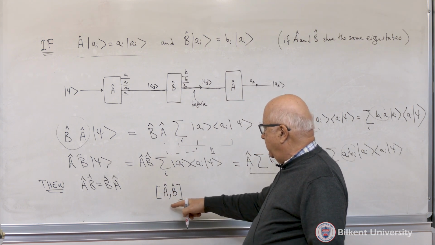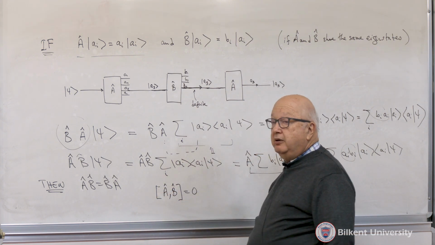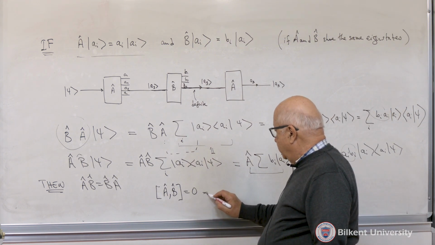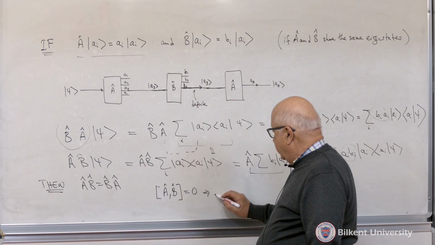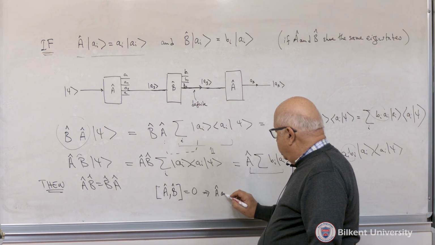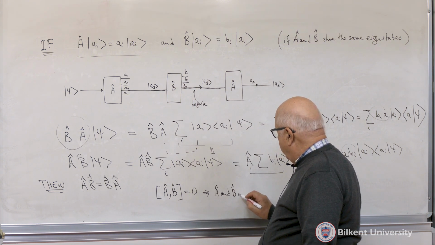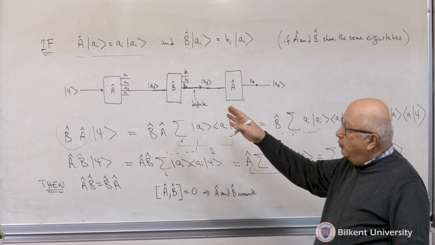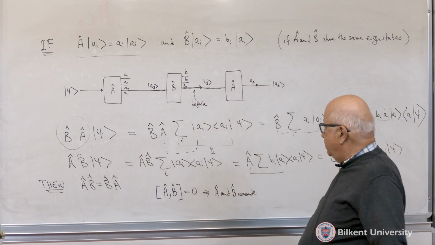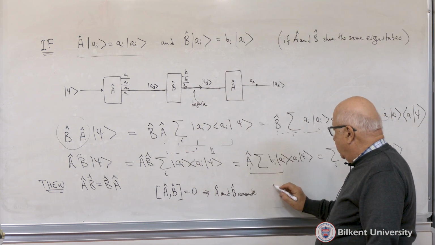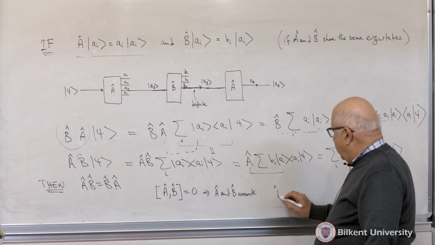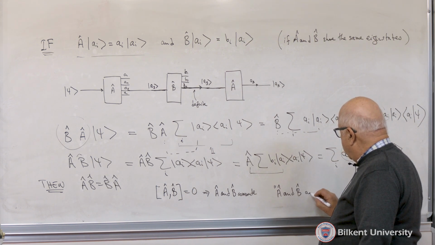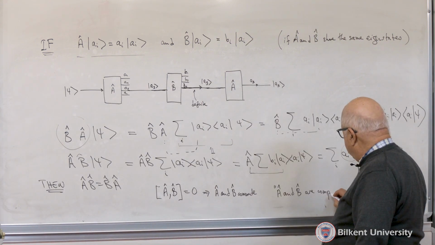Because this is equal to AB minus BA. In English we would say A and B commute. And from the perspective of the experimental setup here, we say A and B are compatible.